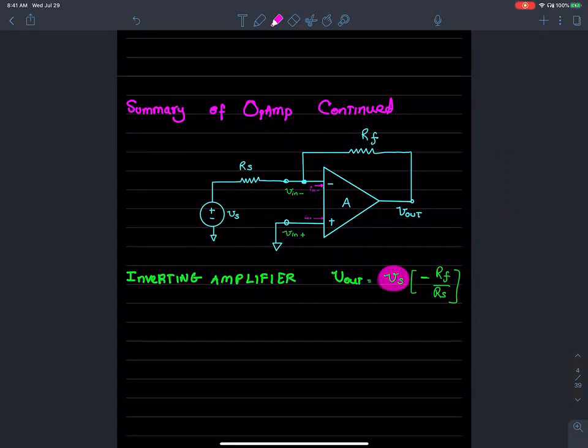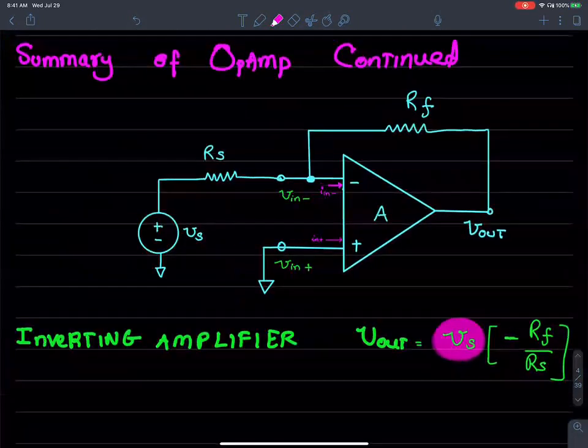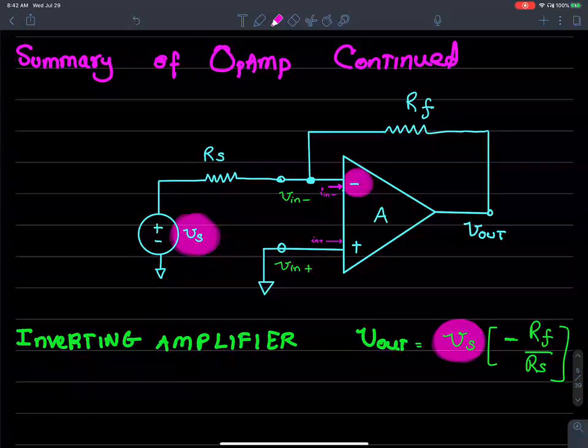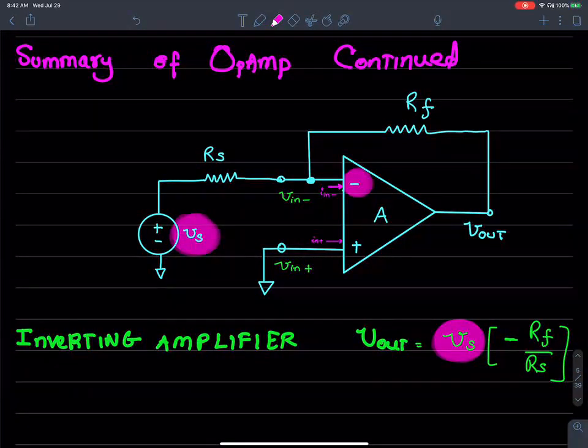Do you see what I mean? It's called an inverting amplifier for two reasons. The input signal Vs is applied to the negative terminal here. That's the reason why the overall output is negative RF over RS.